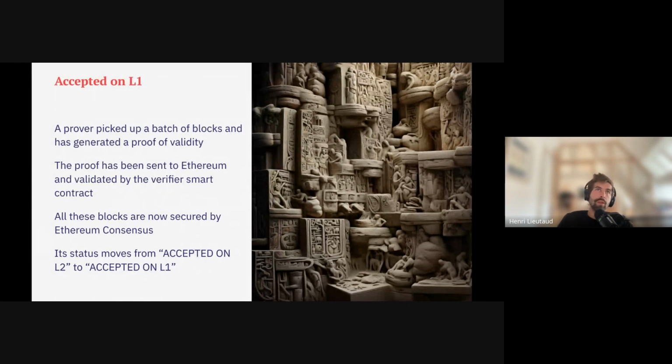So your transaction moves from accepted on L2 to accepted on L1. It's important to note that your transaction does not get individually accepted on L1. It's not like L1 validates your transaction, but L1 validates something that attests to the validity of your transaction. I hope that makes sense.